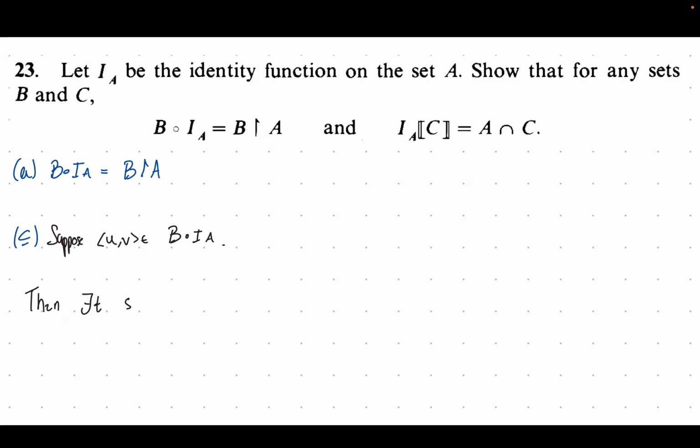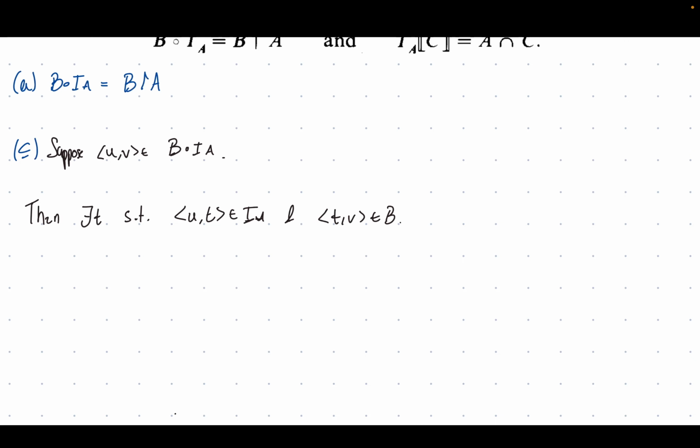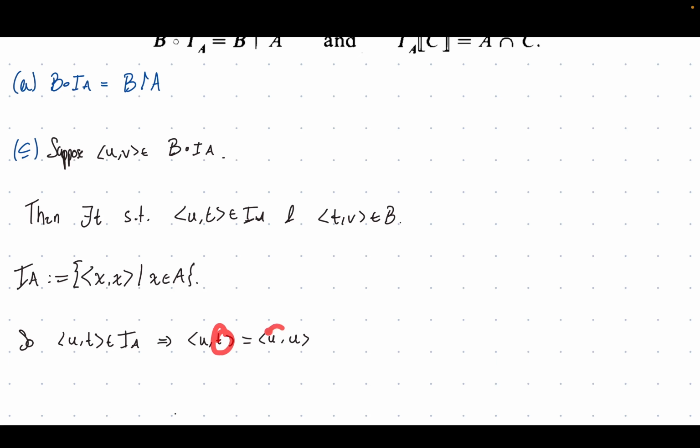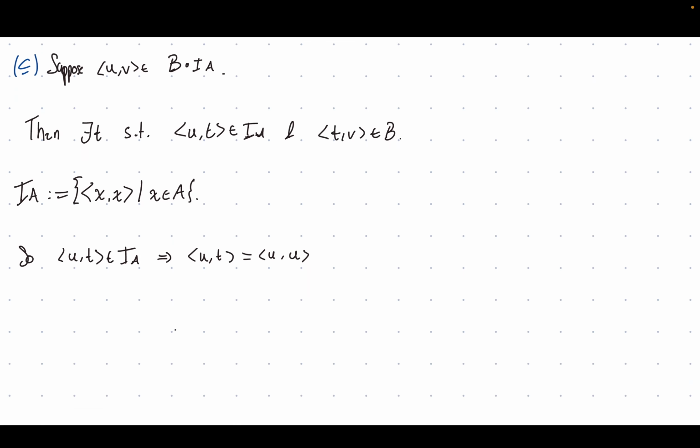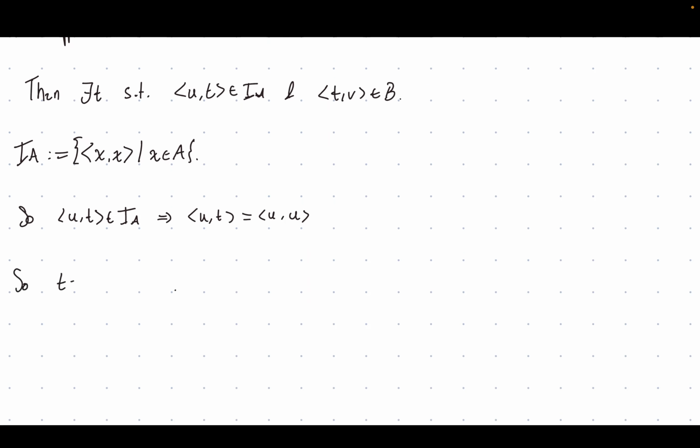Then there exists some T such that UT is in IA and TV is in B. Now IA is defined to be the set of x comma x such that x is in A. So UT being in IA implies that UT is actually equal to U comma U, meaning that this T must be this U. So T equals U.